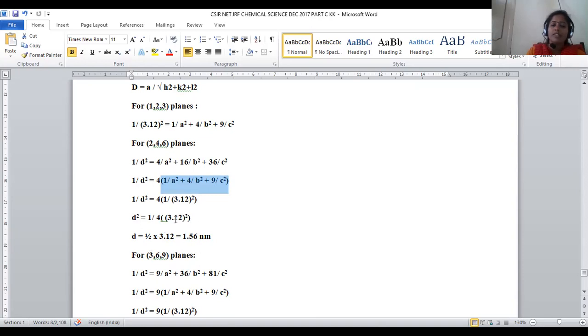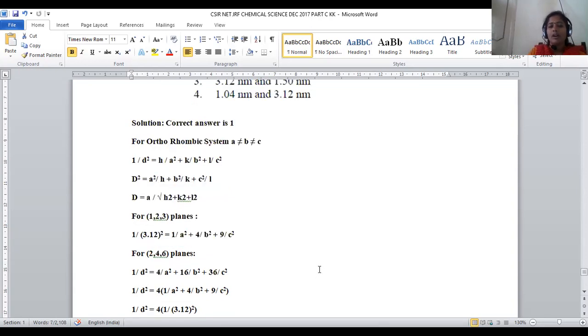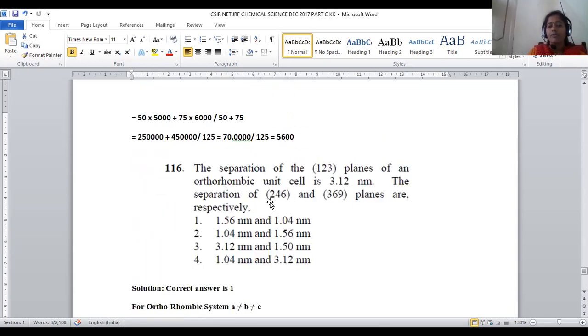Then for 3.12 square, the square will be removed, so that into 3.12. 1 by 2 into 3.12, the value will be 1.56 nanometers. 1.56 nanometers is given for which plane? The 2, 4, 6 plane. So we got half of the answer. For 2, 4, 6, 1.56 is given. That is only there in option number 1. By this only we can conclude.